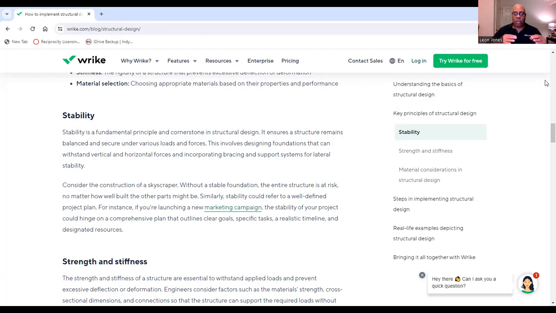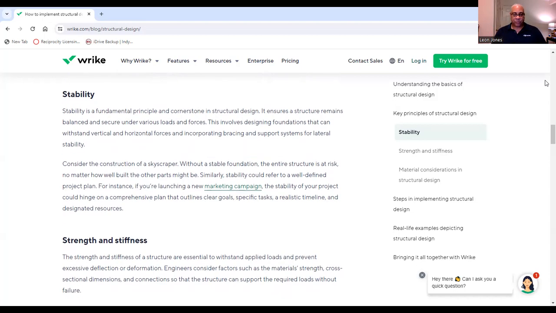Similarly, stability could refer to a well-defined project plan. For instance, if you're launching a new marketing campaign, the stability of your project could hinge on a comprehensive plan that outlines clear goals, specific tasks, a realistic timeline, and designated resources.